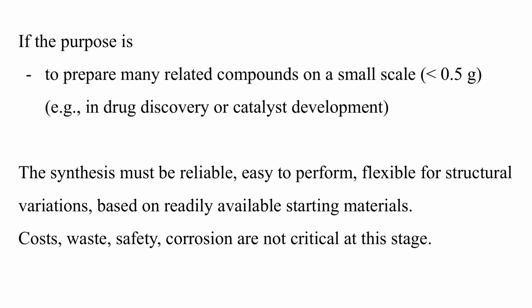Ideally, it should be based on readily available starting materials, for instance, alcohols, amines, or carboxylic acids, which are stable and on hand in large numbers. Again, the overall costs, waste disposal, safety, and corrosion are not critical at this stage.